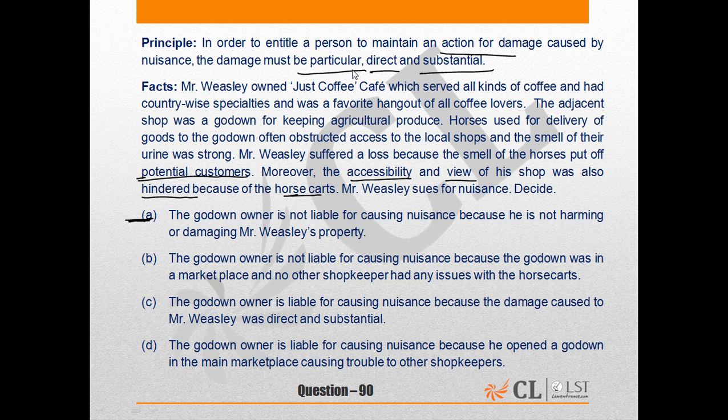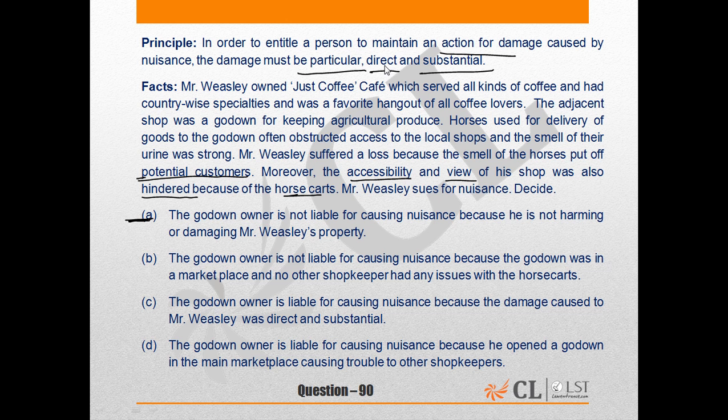Particularly, he is talking about the business that he would be losing out. Direct, because people were not able to access the shop, he was getting a direct loss. That was because of the horse cart.